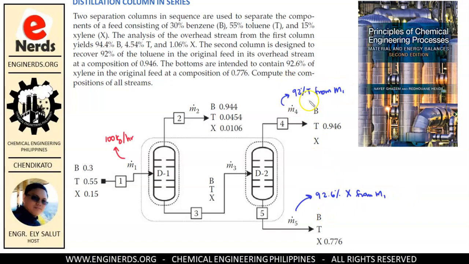If you're going to determine kung gaano karaming toluene meron tayo dito sa M4, it is possible because alam natin yung value ng M1. And we know that 92% of toluene should be here in our M4 because this process is designed to produce 92% of toluene coming from our feed.